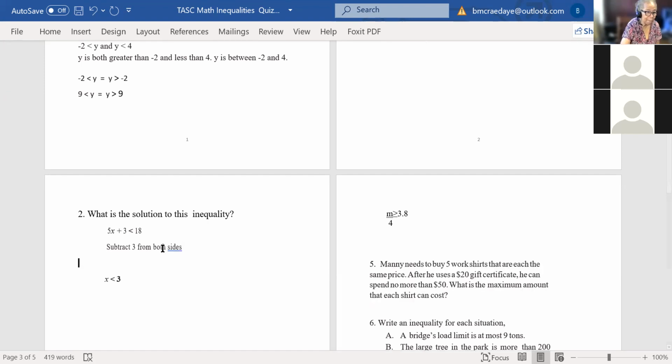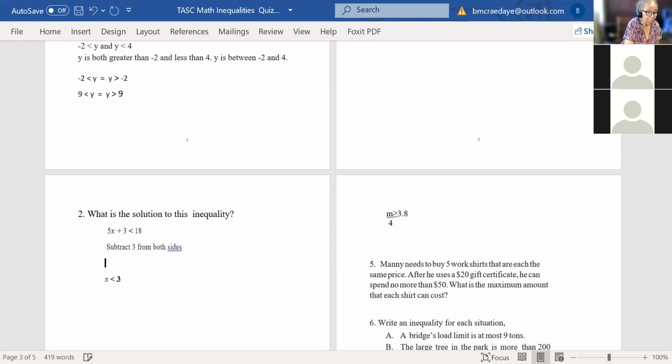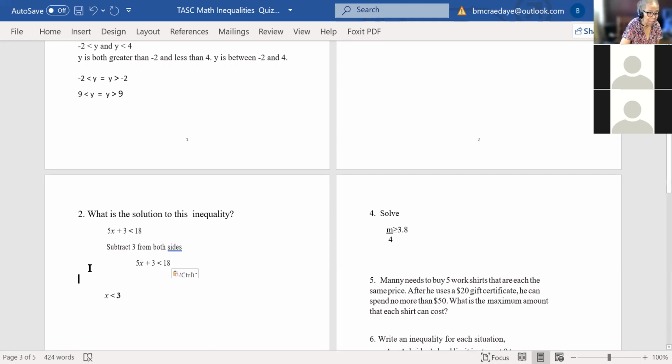You would only have 5x. Let me just copy this. If you subtract the 3, that's plus 3 minus 3, which gives you 0. So what you have left is just 5x less than 18.